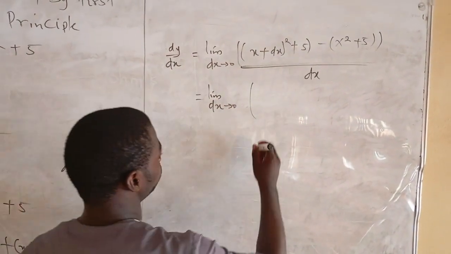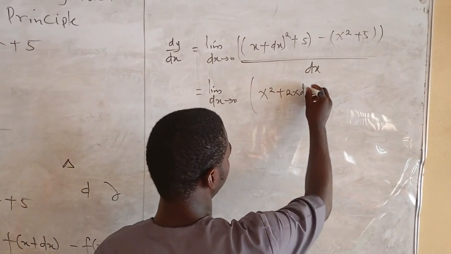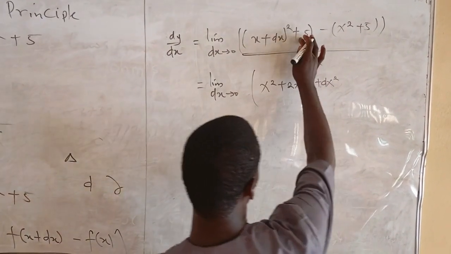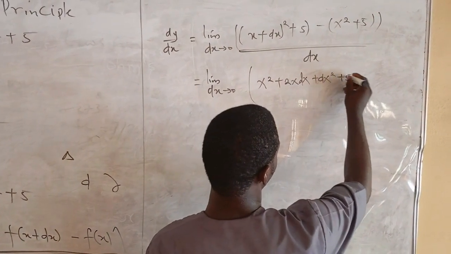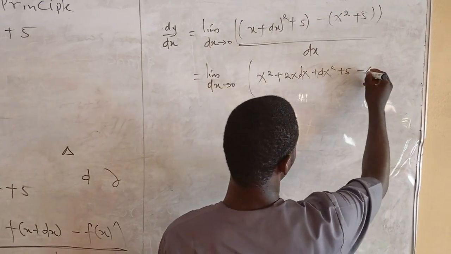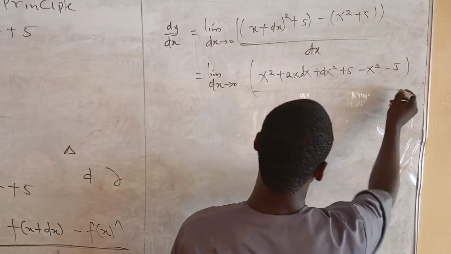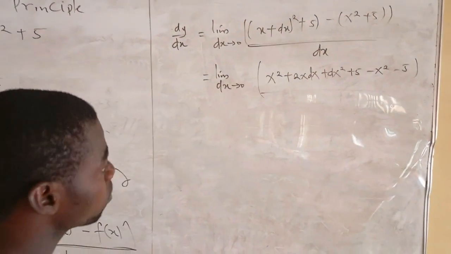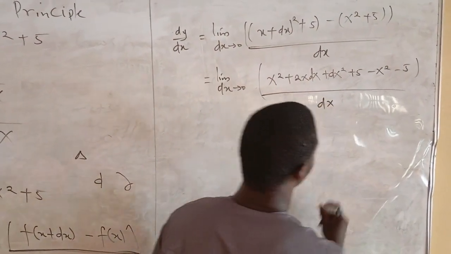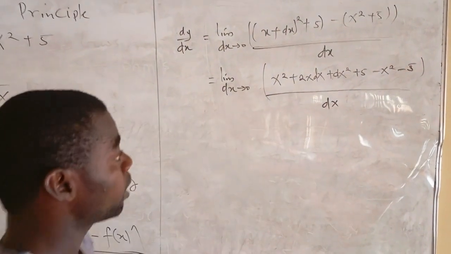If you expand it, we get x squared plus 2x dx plus dx squared, then plus 5, minus x squared, minus 5, divided by dx.